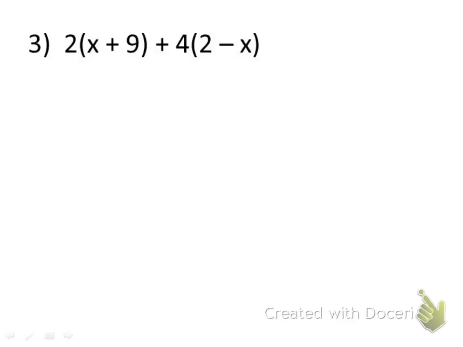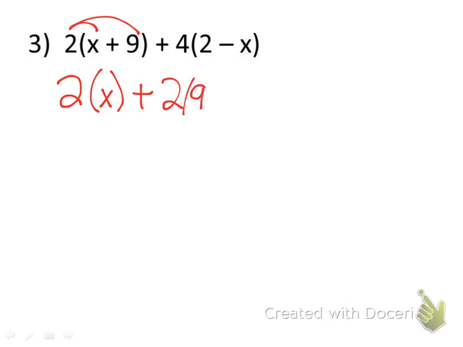Distribute, what am I distributing? Very good. So I have 2 times x plus 2 times 9. Then what? 4 times 2, 4 times x. Good, and then I'm going to distribute the 4. So 4 times 2 minus 4 times x.